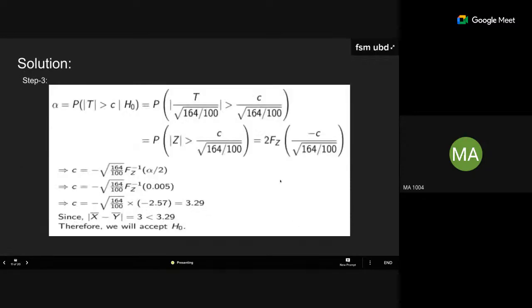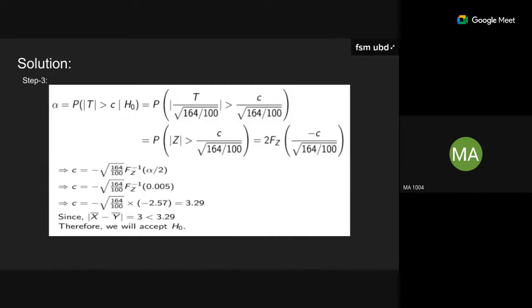Then your calculations will be like, in the numerator, there will be minus 3 on both sides. So it will bring that expectation, mu1 minus mu2, into the picture. Okay. Thank you, sir.